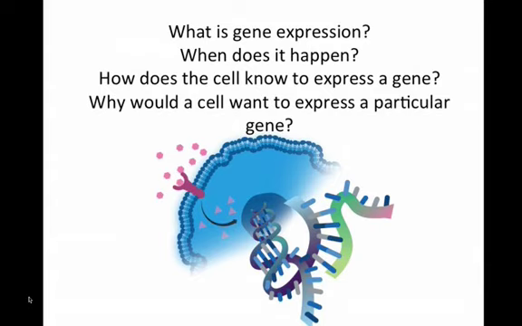Yep, it's going to express whatever it needs to in order to survive. So let's say you have a situation where there's low oxygen, okay? Then you're going to get upregulation of a whole bunch of genes that are going to allow the cell to adapt to low oxygen, such as genes like hemoglobin, right?